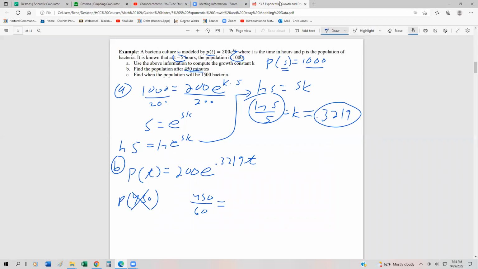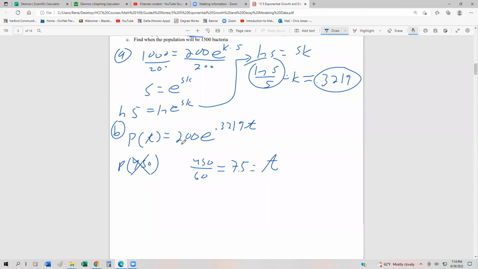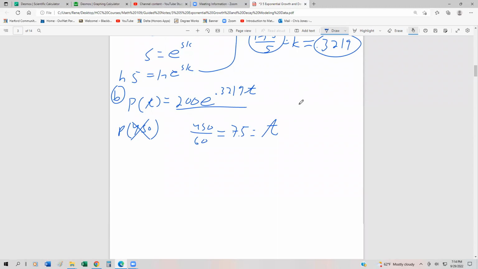So that's going to be the time that we use in this problem. Now let's substitute 7.5 back into this function, and that's going to give us our population. So that's going to be 200 e to the 0.3219 times 7.5.